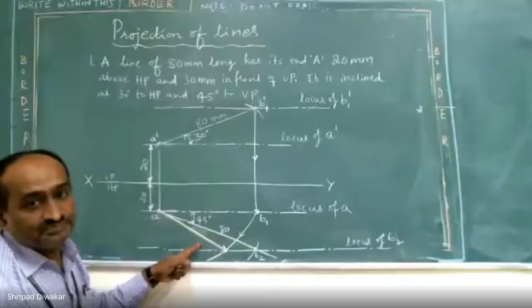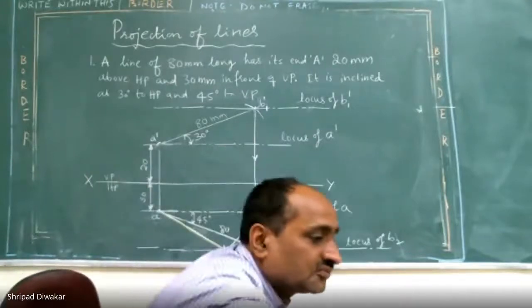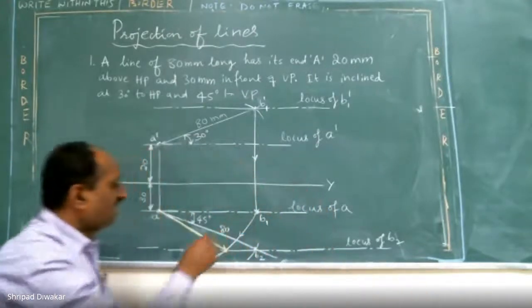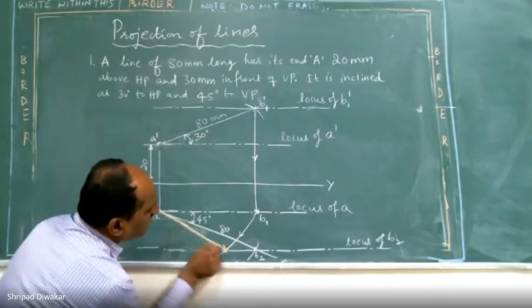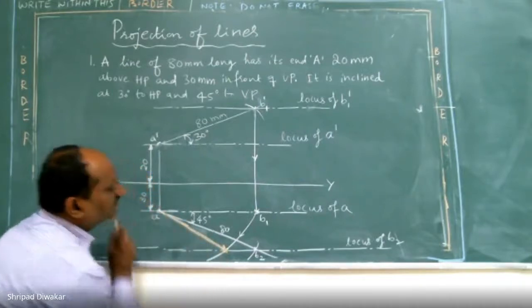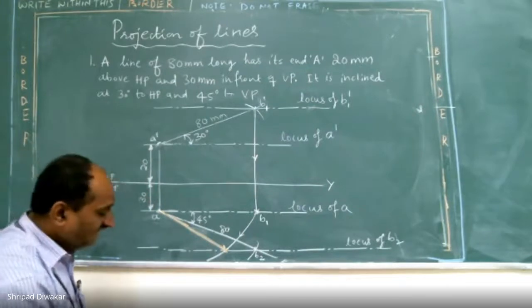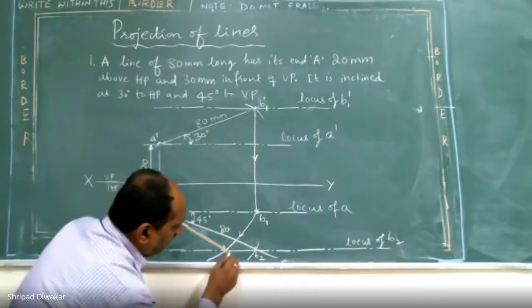So after drawing the arc, it cuts the locus line at some point. That gives you the apparent length.